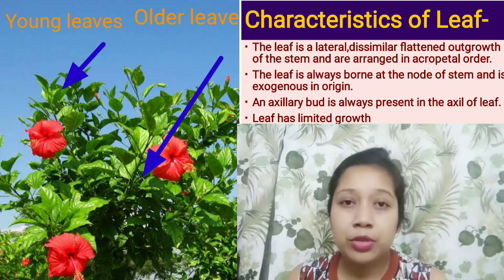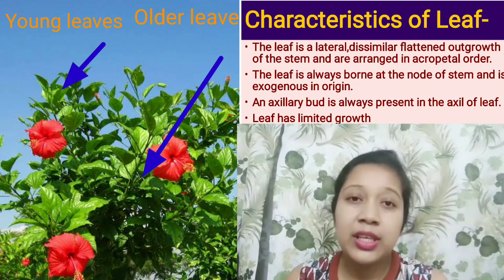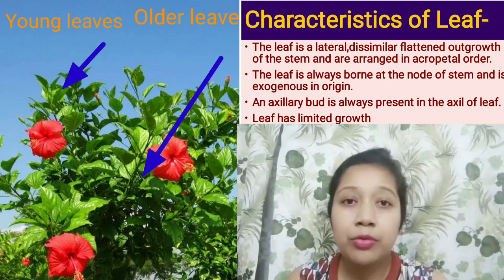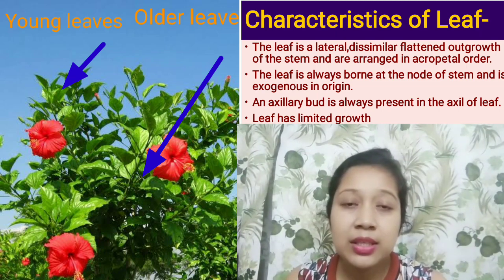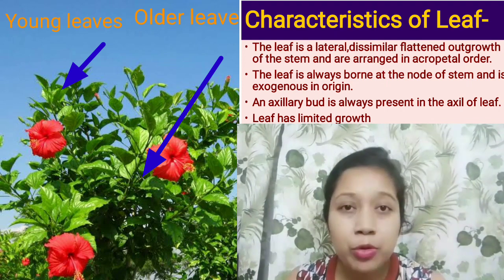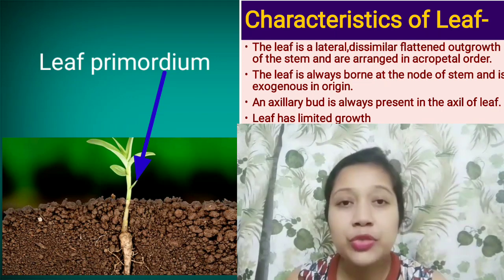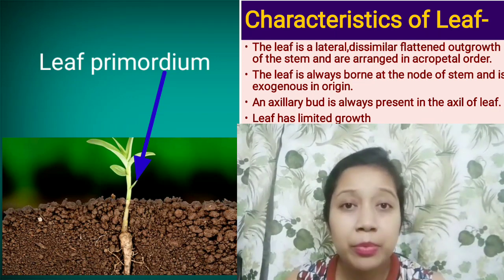Now let's come to another important point, that is the origin of the leaf. Leaves always originate from the leaf primordium, which is formed from the cotyledon of the embryo.